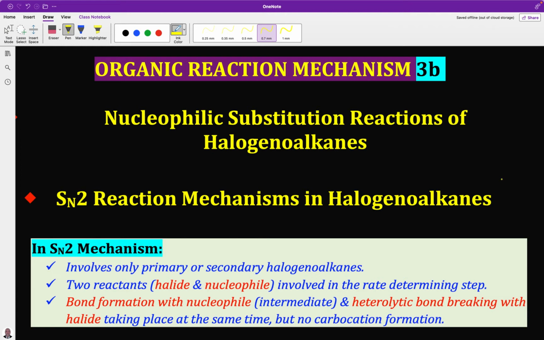All these are happening at the same time. But it should be remembered that with SN2 mechanism, there is no carbocation formation.